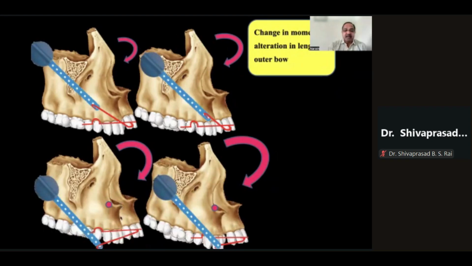Here again, I'm having both the outer bows below the occlusal plane. Here it is long, here it is short. It is increasing the distance from the center of resistance, so you have a larger moment. So by altering the direction of the outer bow, and even by altering the length of the outer bow, you can have different moments. You can have larger moments.